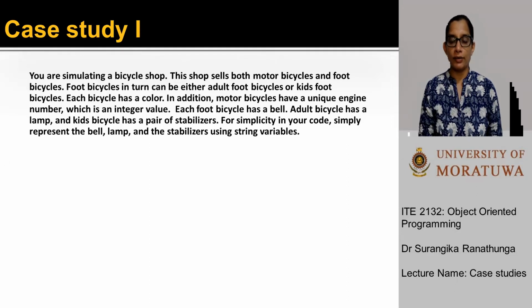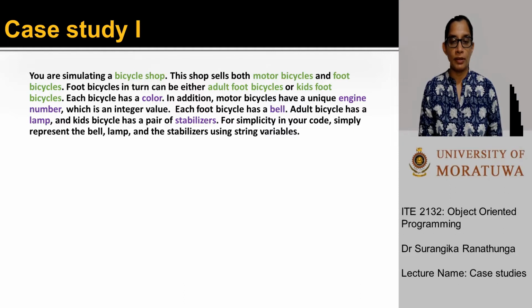You have to identify the objects, their attributes, and the methods as mentioned in the given description. So here I have marked what I have found. As you can see, we have identified some objects and some attributes, but we don't see any methods here.